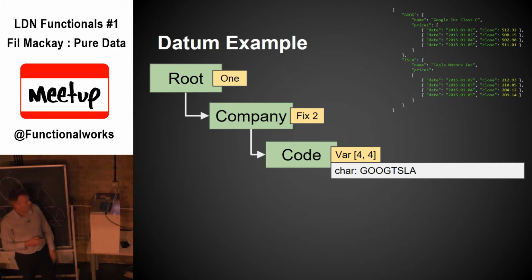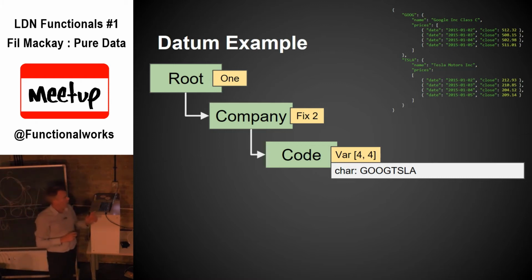Okay, so here is the example that we looked at initially of that JSON data. We're going to start to look at what that would look like if you were to tease it out under the Datum model. So we always start with a root dimension with one instance that's given. You never have more than one. And then under that, we have a company dimension, of which we have a size of fixed 2.